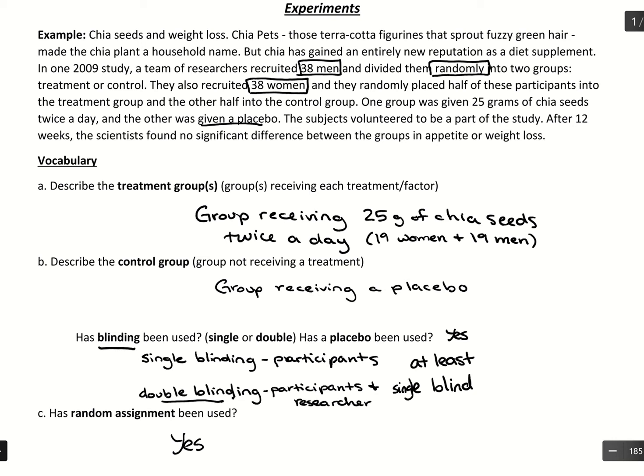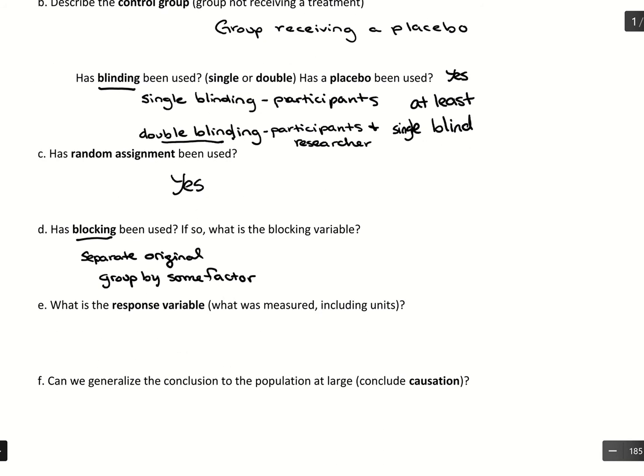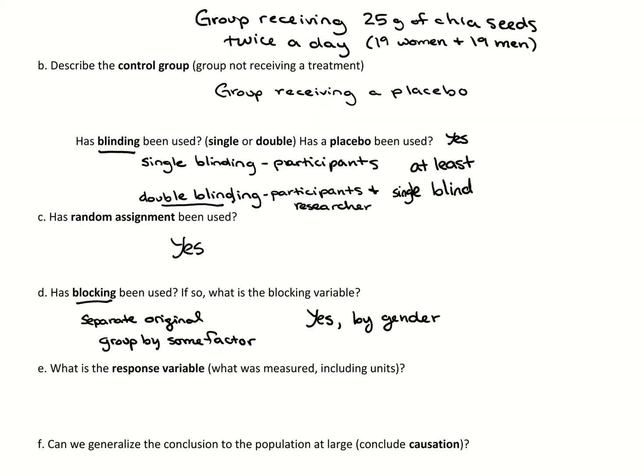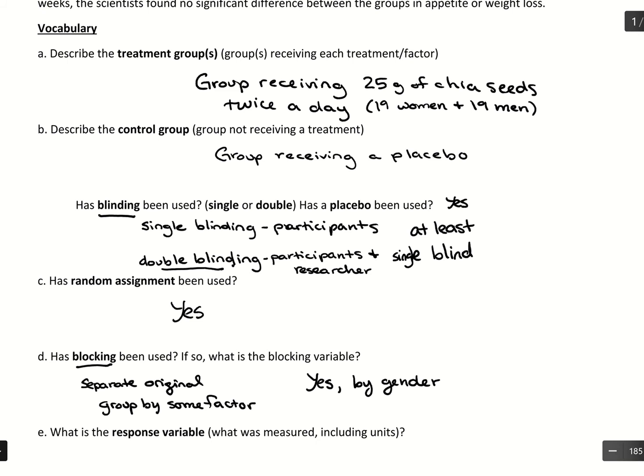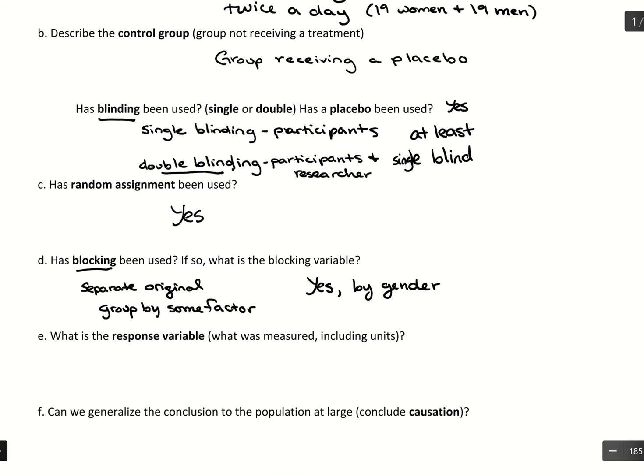So there was this initial separation of gender. So has blocking been used? Yes, and the factor that they used was gender. Sometimes they do this to make sure of an even placement of gender between the two groups, like we have this even distribution of 19 women, 19 men. Maybe they want to investigate differences between gender as well with the effect of chia seeds.